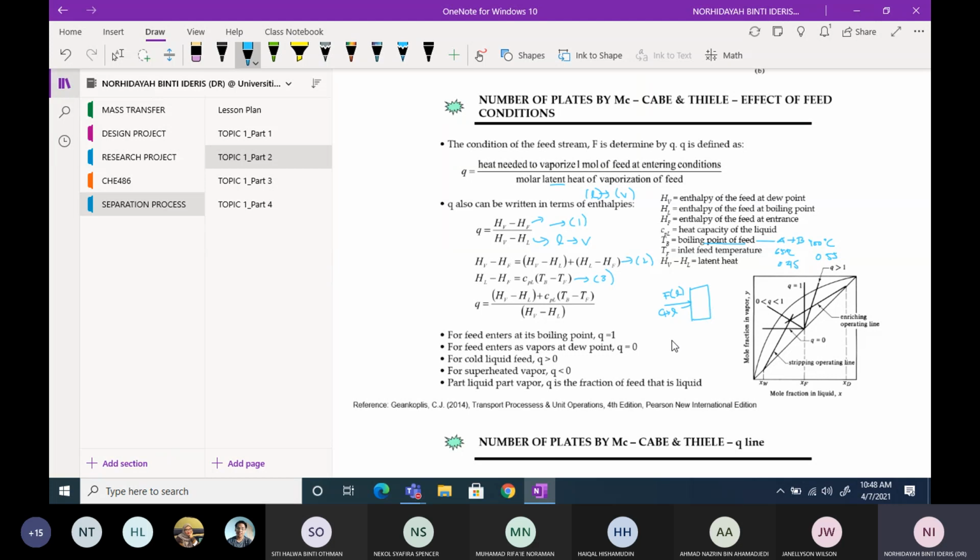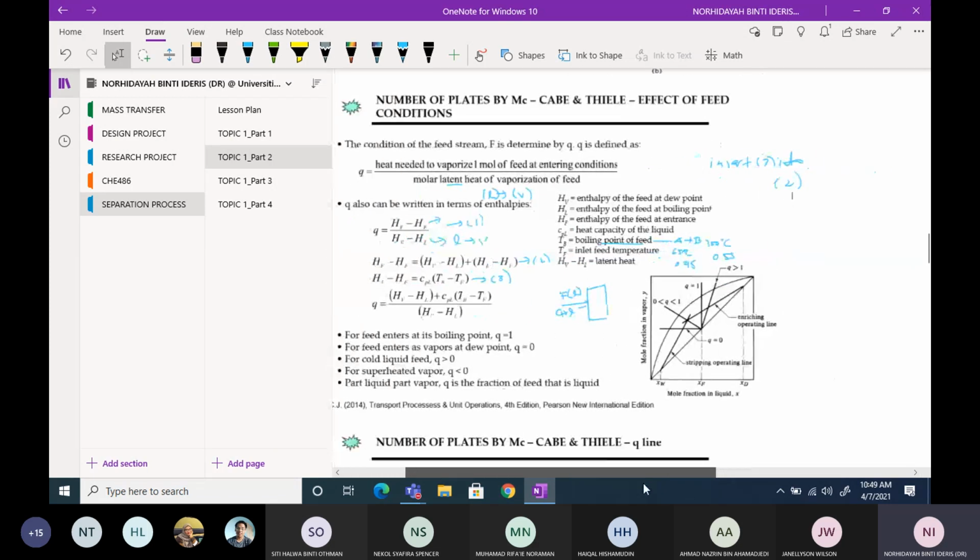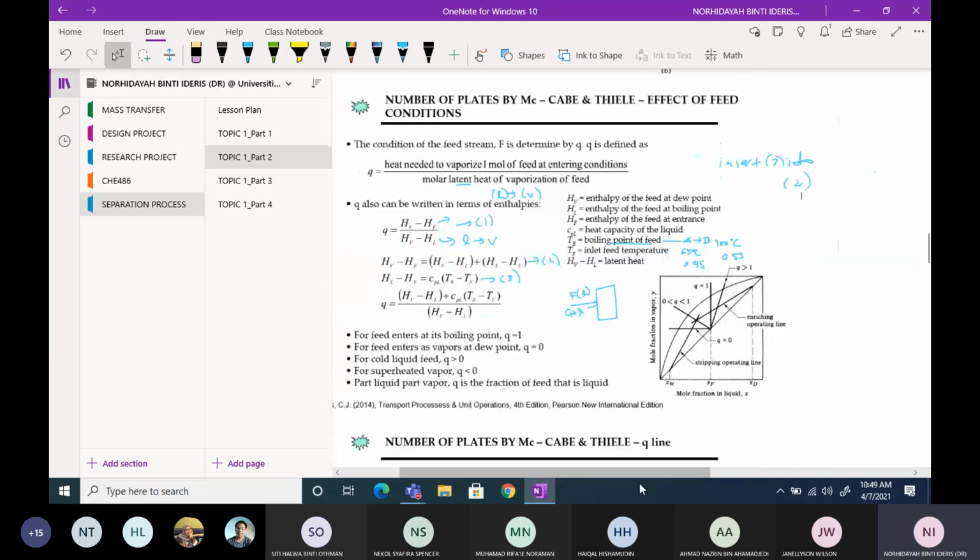So right now you insert equation 3, because we have the correlation HL minus HF is equal to CPL times TB minus TF. Insert 3 into 2. Let's rewrite again.